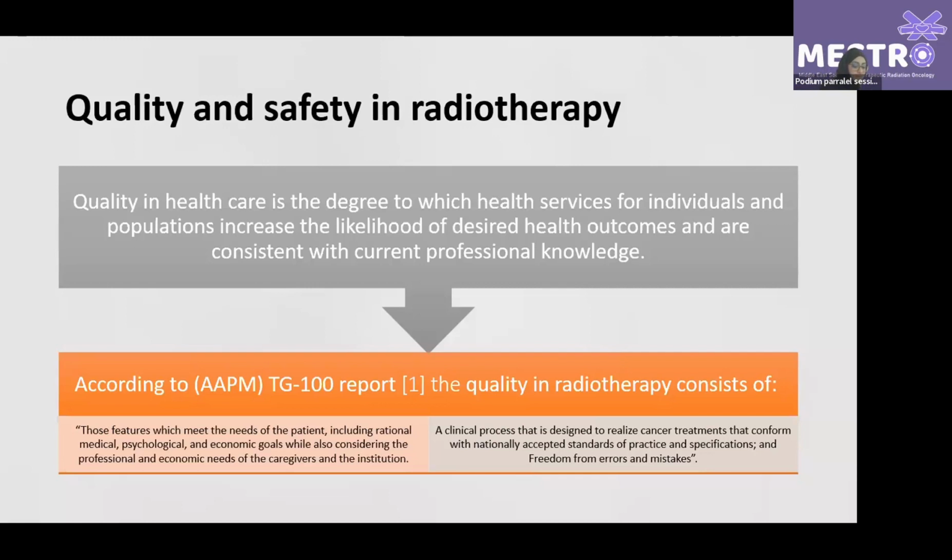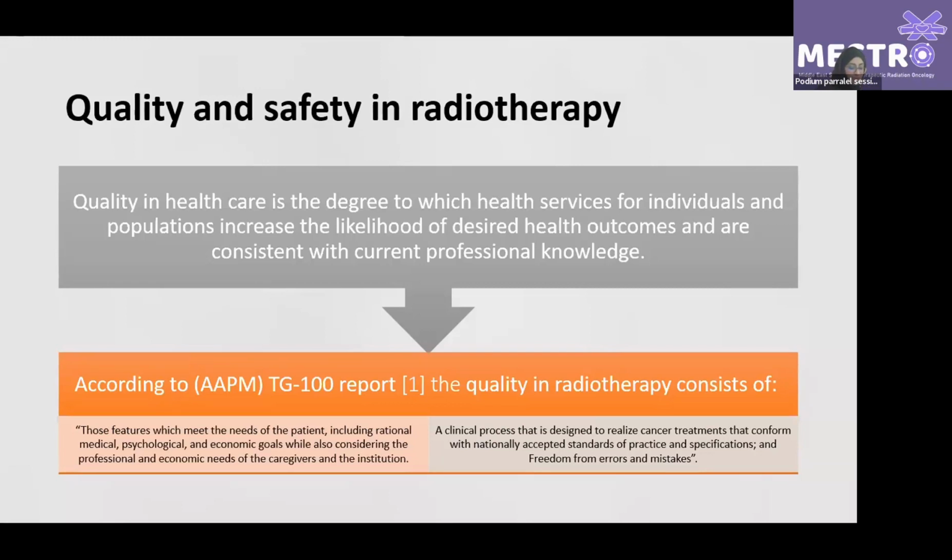Okay. The quality and safety of radiation therapy: the quality in healthcare generally is a right to be provided for individuals and populations, and I think Dr. Ghada explained this in a previous talk.